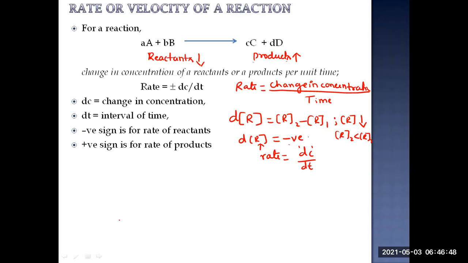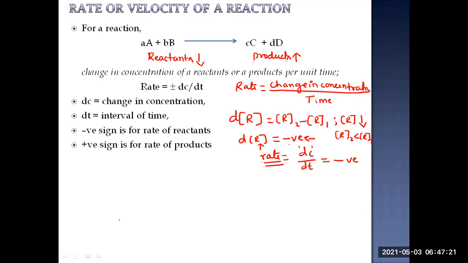dc for reactant is what? Negative. dc for reactant is negative. So when you substitute the negative value of dc for the reactant and divide by dt, the rate calculated becomes negative. The rate of a reaction cannot be negative because rate or velocity should always be a positive value. A negative rate has no meaning. Similarly, if I say a vehicle is moving with 60 km per hour, that's fine.